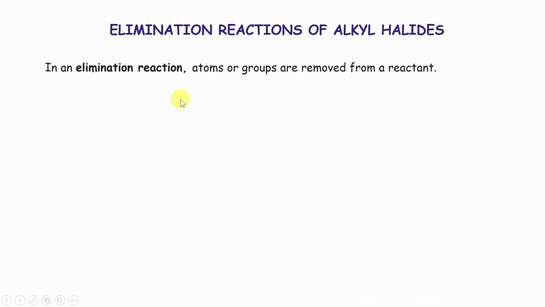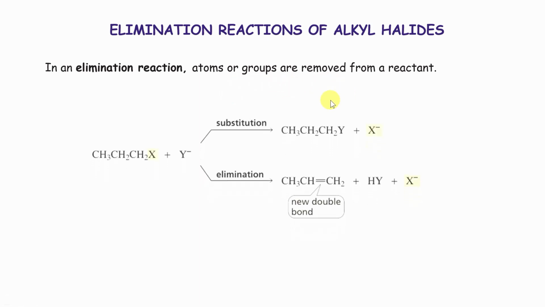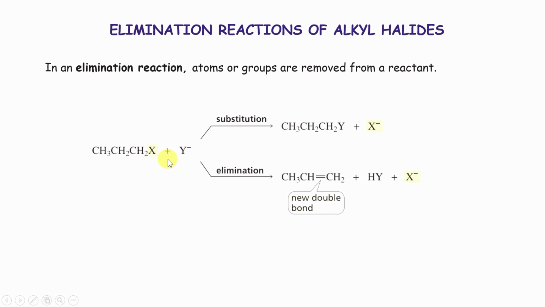In elimination reaction, an atom or groups are removed from a reactant. Alkyl halide usually gives substitution. You might have studied the substitution reactions of alkyl halide. Here we are discussing elimination reactions of alkyl halide.